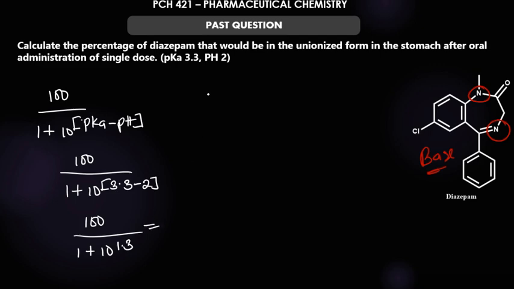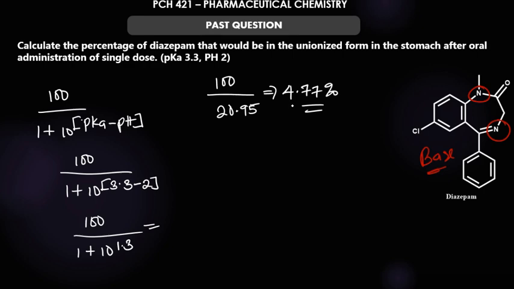Now this will give us 100 divided by 10 raised to the power of 1.3, which is 19.95, plus 1, which is 20.95. So 100 divided by 20.95 gives 4.77%. So these are the forms that are unionized.